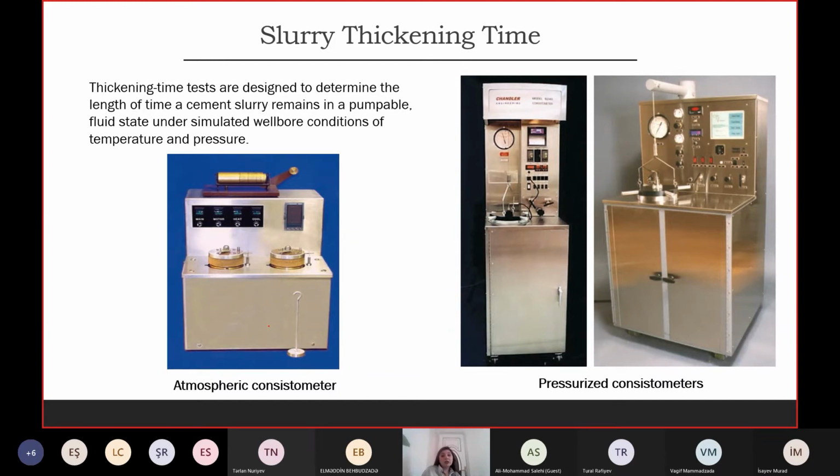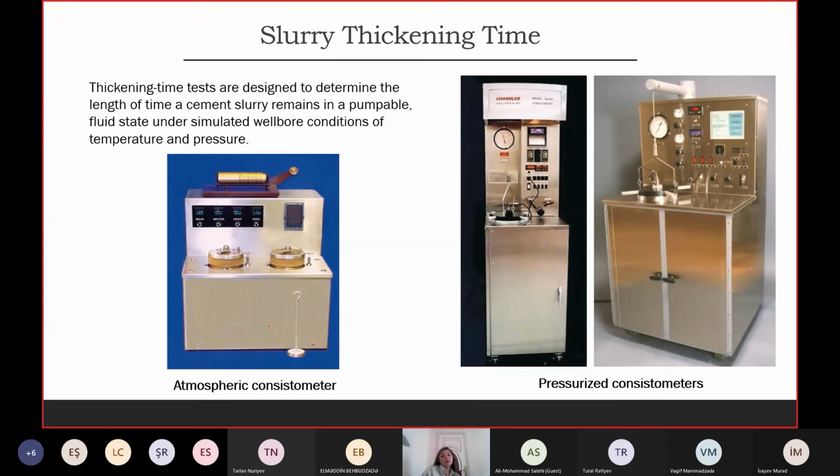And for, let's say, a production liner, I need 11 hours for the job, and my cement is giving me only 6 hours. How will I get the other 5 hours? I will add a retarder, and I will retard this process. I will extend the time before the cement slurry becomes unpumpable. Is it clear?